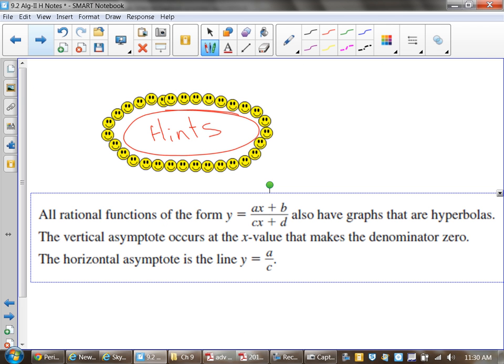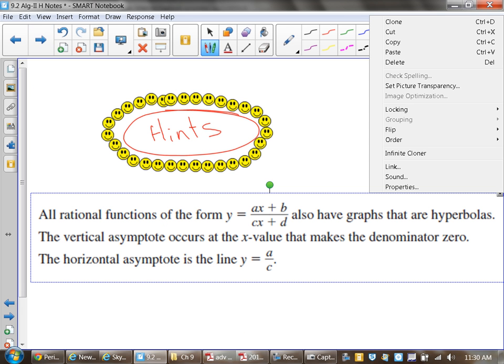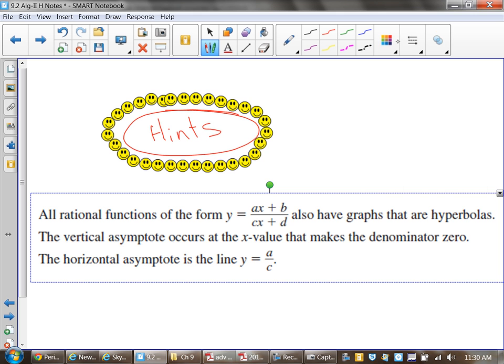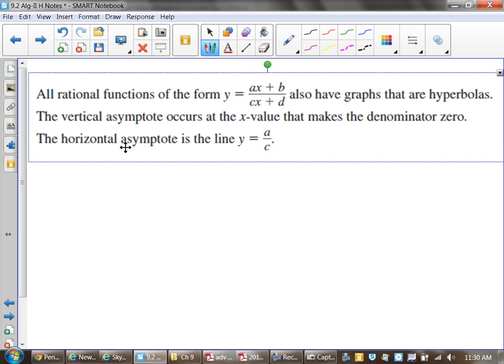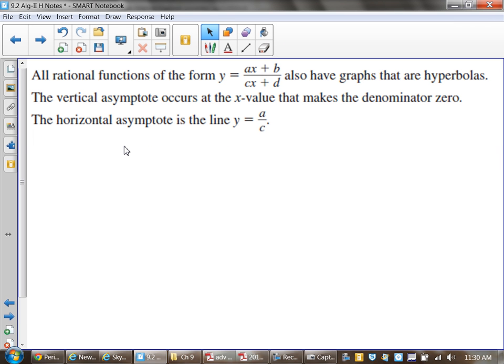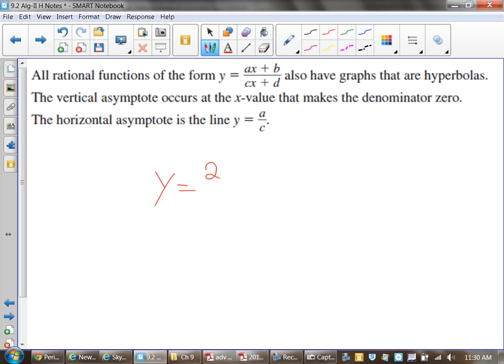There is another style. Sometimes the graphs look a little bit different. Sometimes they're in the form like that. Sometimes your graphs look like y equals ax plus b over cx plus d.